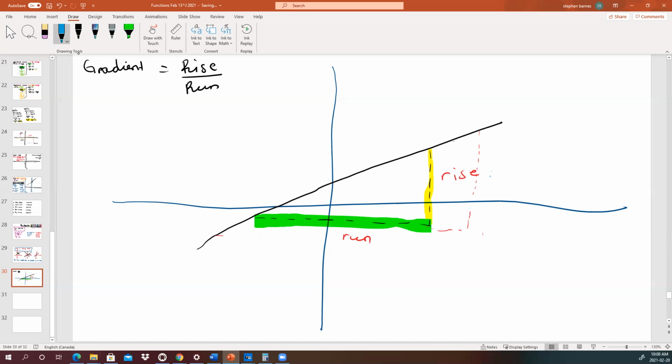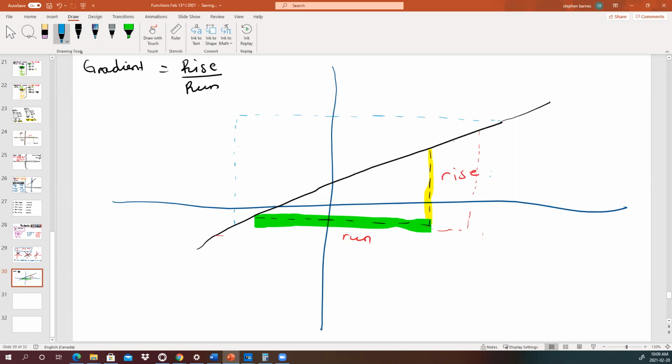You can choose to draw your rise and run at the top of the line as well. I'm just showing you this in case you get a question that does that. So your rise and run triangle can be at the top, in which case, from top to bottom or bottom to top, this would be the rise.